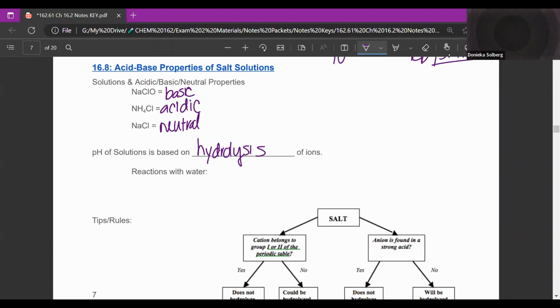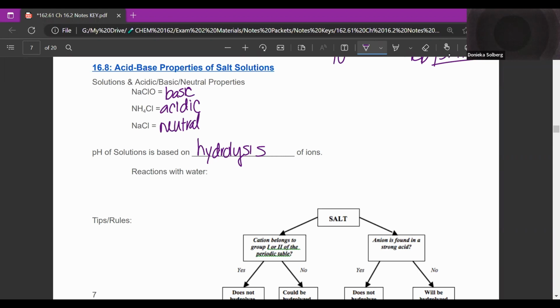If a reaction with water yields something acidic or something basic, that's where the acidic and basic come from. So NaClO, when put in water, must give off something basic. NH4Cl, when put in water, must give off something acidic. And that's what I'm going to talk about. So we have to write the reactions with water in order to figure this out.